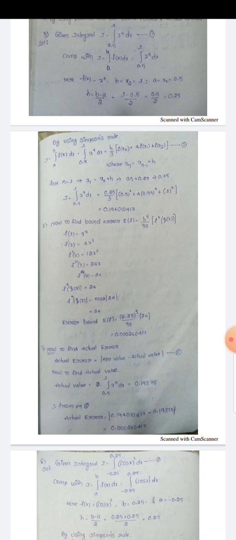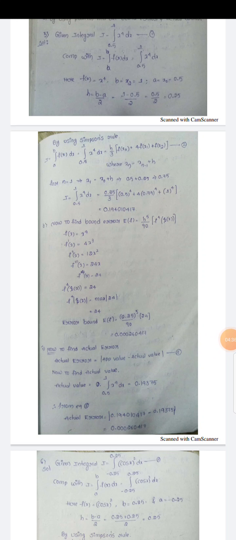After simplifying, we get the value 0.194010. Therefore, integral 0.5 to 1 of x power 4 dx equals 0.194010417.